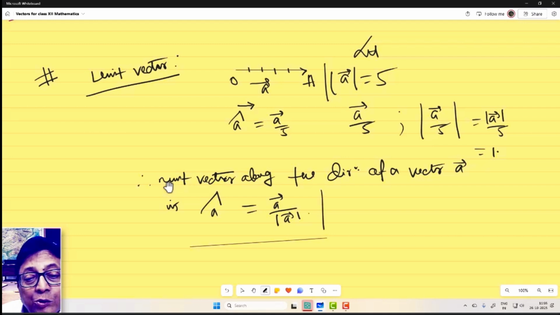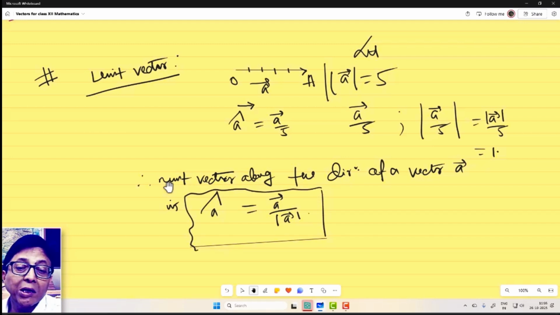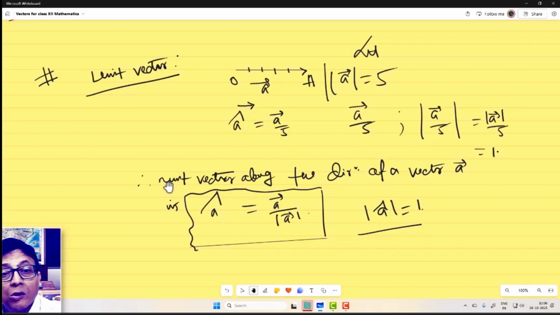And its magnitude, I have told you, will be 1 unit. Mod A cap is always 1 unit. So far you have understood what is triangle law, what is magnitude of a vector, what is unit vector along the direction of a given vector.